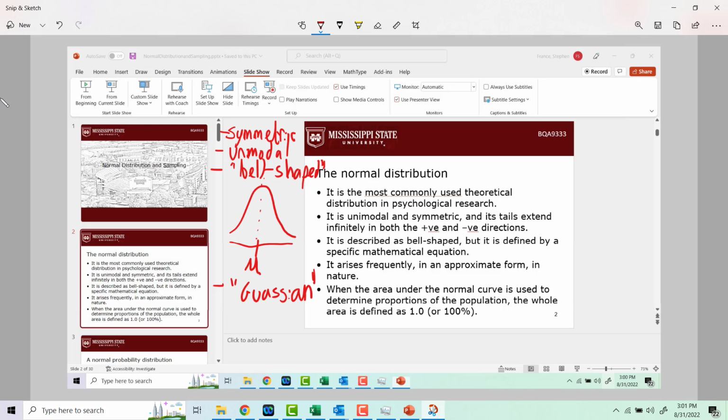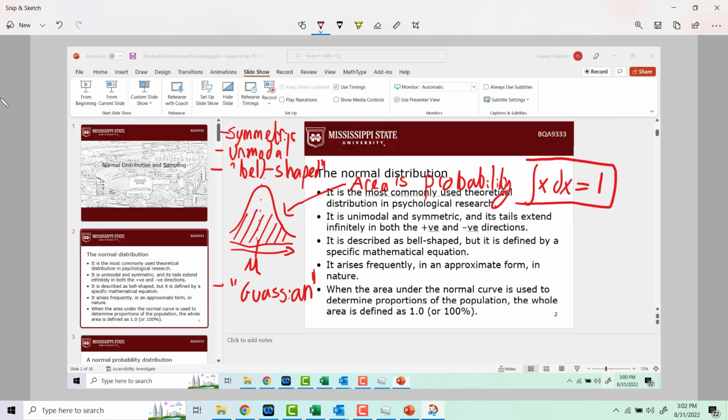And basically, it's a probability distribution. And the total area, so the area is the probability, if you go across all possible values of x, I promised you no calculus, but that's just saying the whole area is 1, so the total probability is 1.